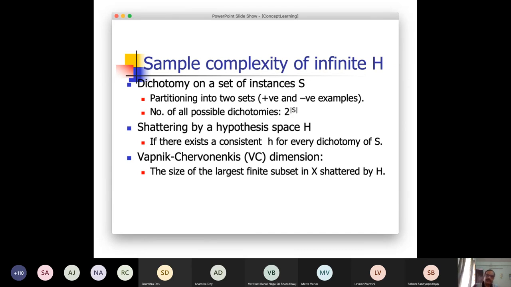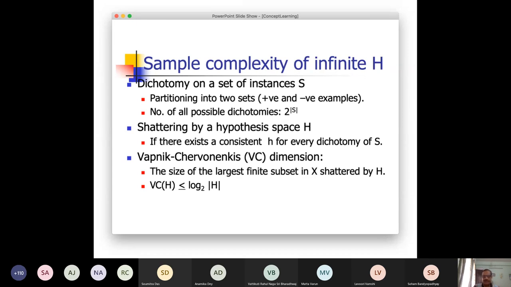So this is the Vapnik-Chervonenkis dimension. It is a number. You can say actually it is the cardinality of a set, the maximal finite subset which could be shattered by H. Now there is some more understanding required, which I will discuss once we go through these slides.